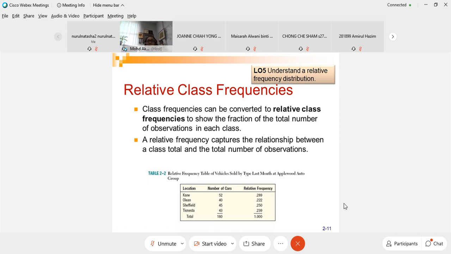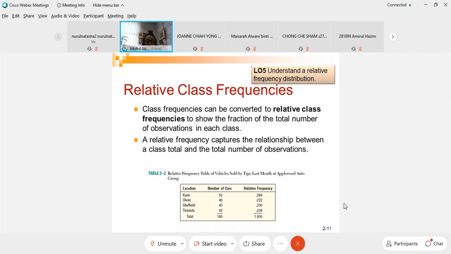If we do not get 1.0, that means something is wrong with our relative frequency. If we get 1.5 or 1.1, something is wrong. If we get 0.9 or 0.8, that means something is wrong with our relative frequency. The total sum of relative frequency should be 1 or 1.0.